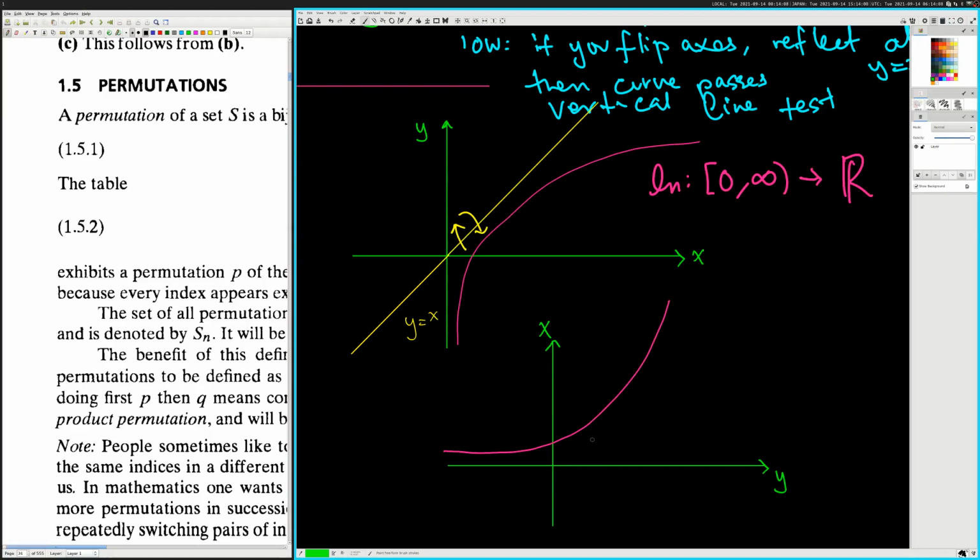If I flip the function along the axis y is equal to x, now I have, over here I had y is equal to the natural log of x. Well, if I invert that, I now have x is equal to the exponential function of y, which is a CIA psyop, or e to the y if you prefer.